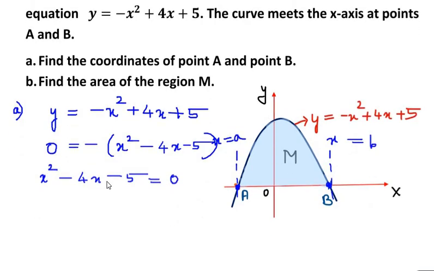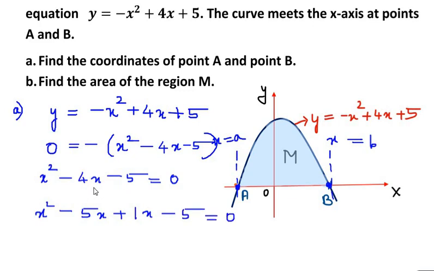Now we can see that this is a quadratic equation. We can use the splitting the middle term method, and we need to find the factors of 5 which will sum up to give us negative 4. So I can write x square minus 5x plus 1x minus 5 equal to 0.